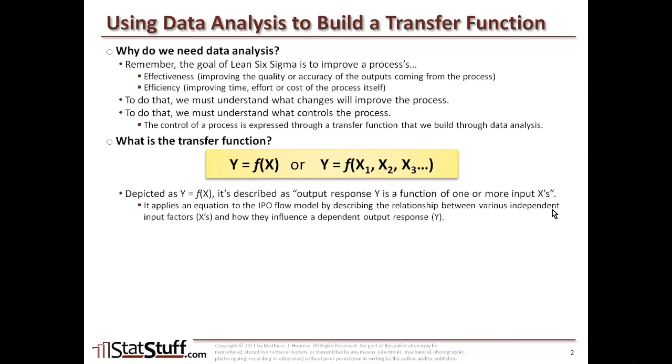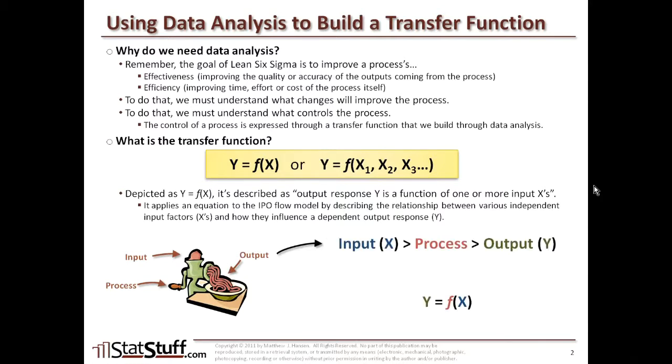Alright, that sounds a bit technical, but let's break that down into more simple terms. If you recall, we talked about the IPO flow model where we had input flowing into some sort of machine that creates some sort of process to finally create some sort of output from it. Well, we might translate that again as input, process, output, the IPO flow model.